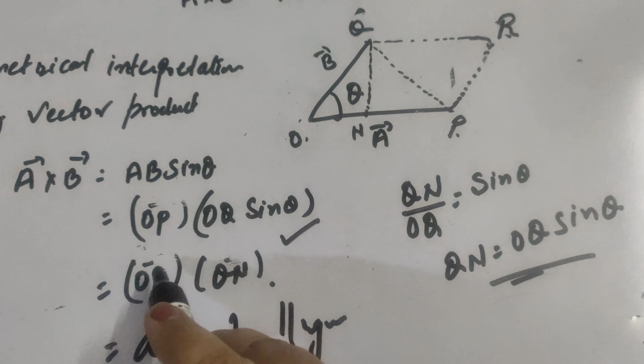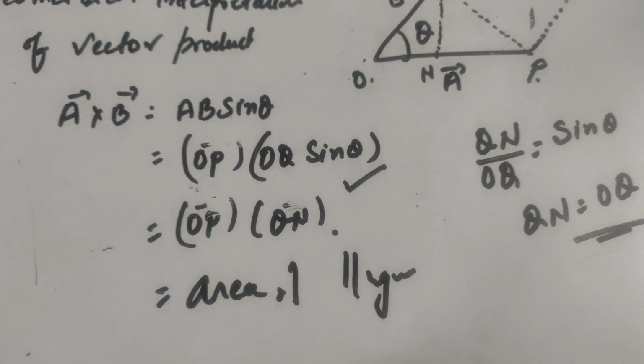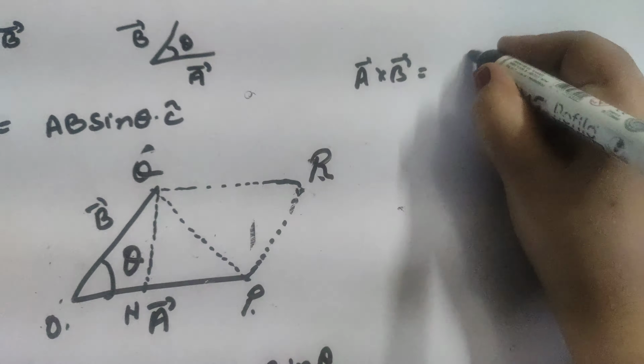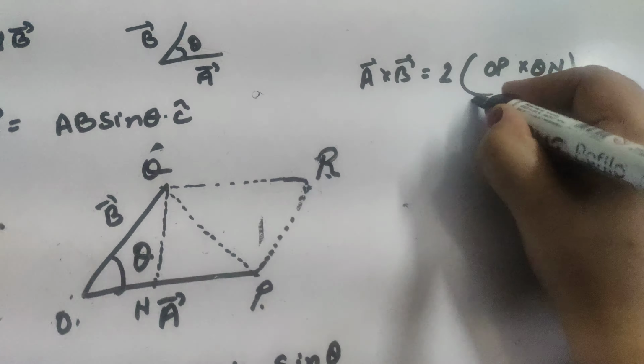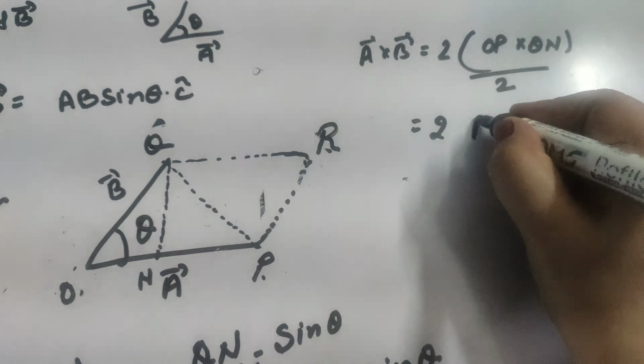Now if I multiply this by 2 and divide by 2, rewriting it, A cross B is equal to OP into QN, so multiply by 2 and divide by 2. This will become 2 into the area of triangle OPQ.